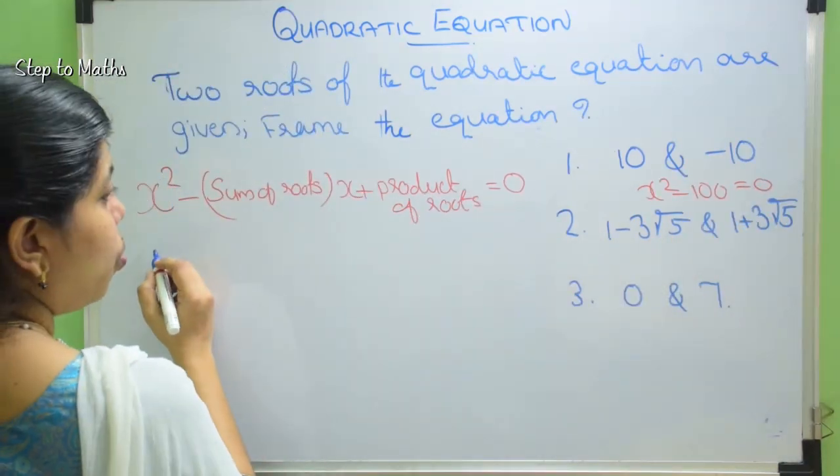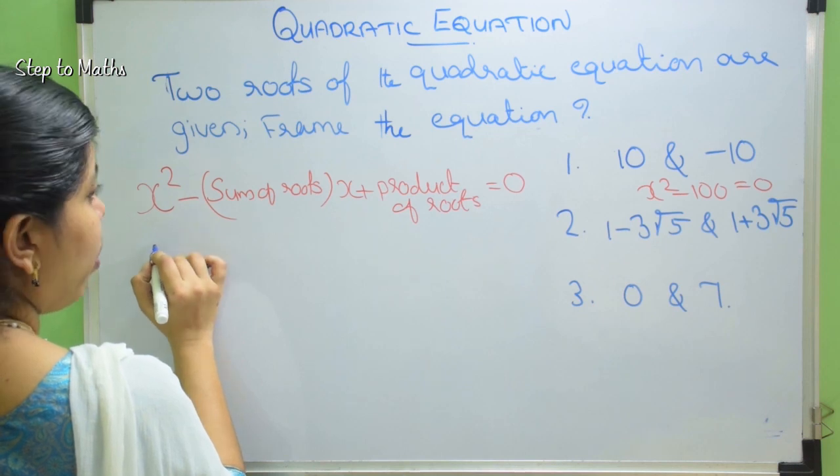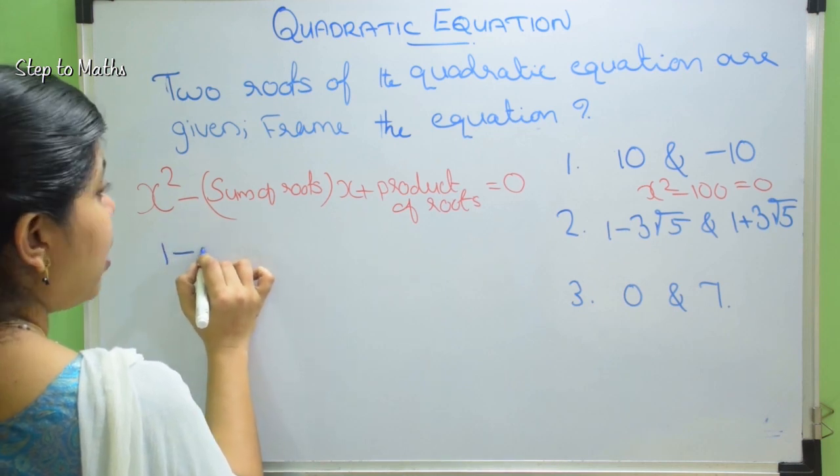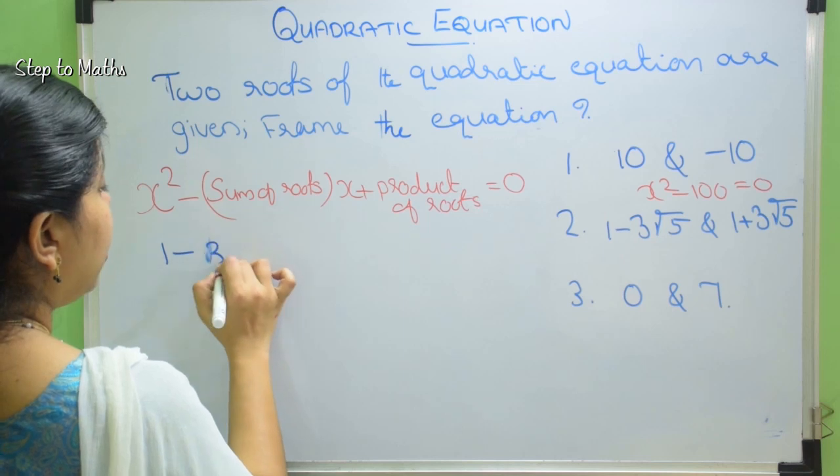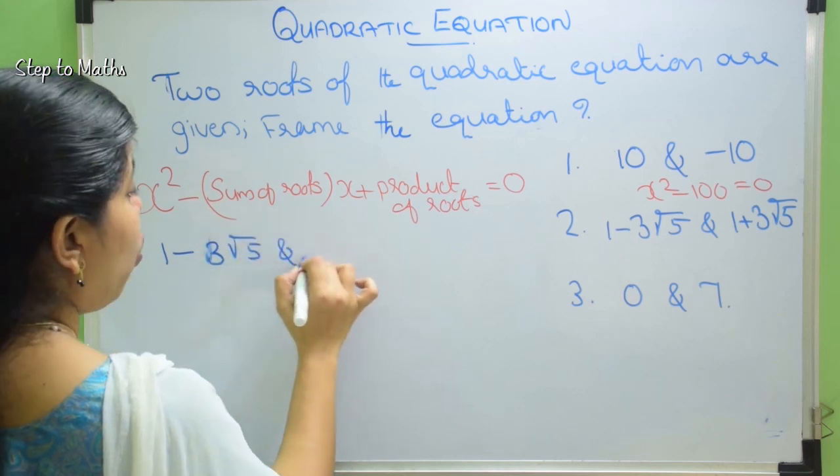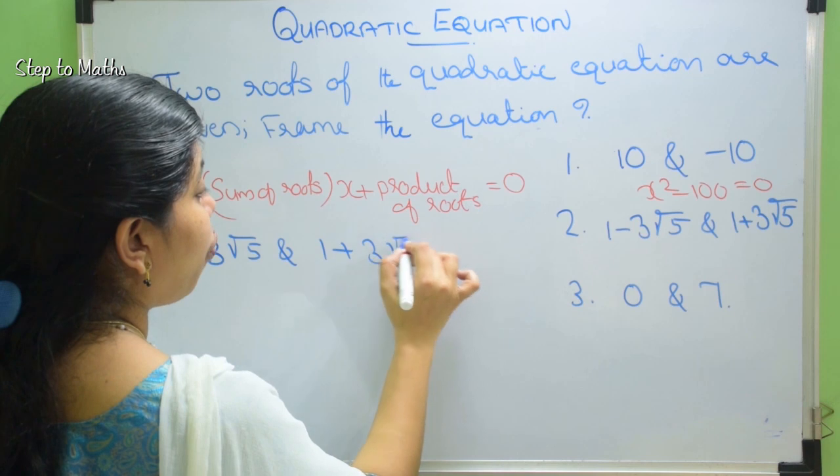Take the next roots. The roots of the quadratic equation are 1 minus 3 root 5 and 1 plus 3 root 5.